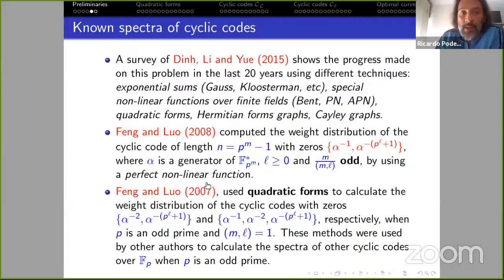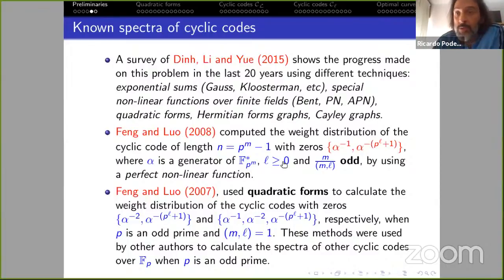In the other work, they use quadratic forms to compute the weight distribution of cyclic codes with these zeros, different. In this case, for p odd, m and l coprime. This method was used by other authors to compute the spectra of many other cyclic codes.